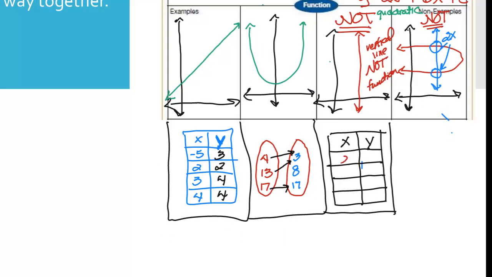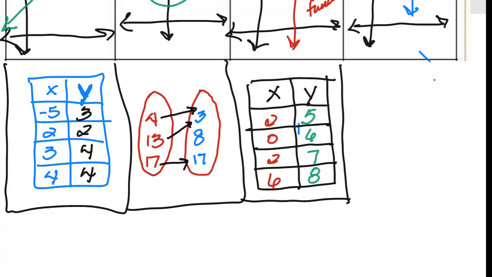So let's say 2 and 2, and let's have them map up to, I don't know, 5, 6, 7, and 8. Okay, so right away, as I circle these, that is not a function. You can tell you've got 2 of the same x values, right?